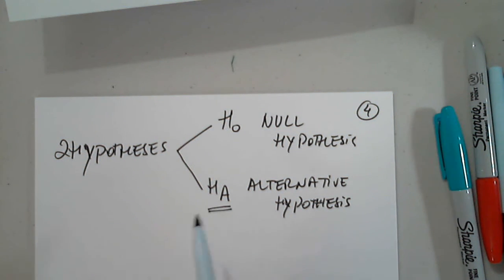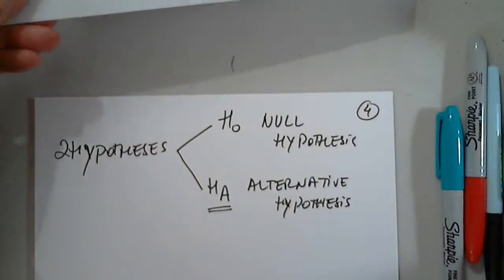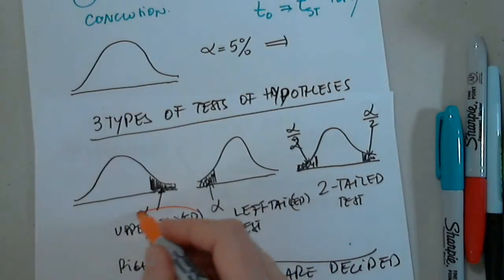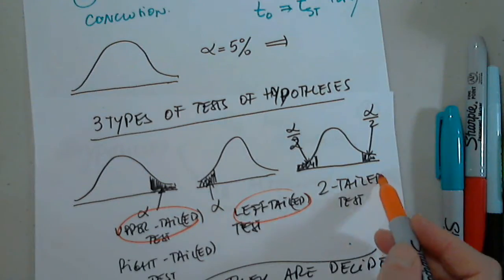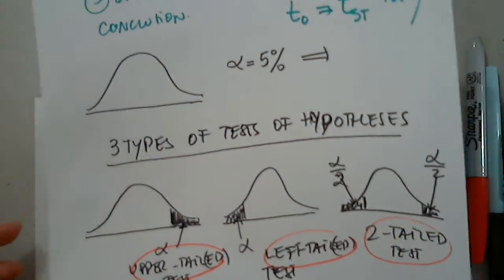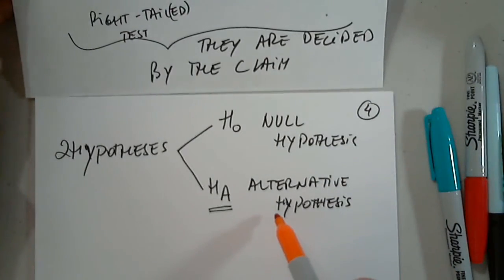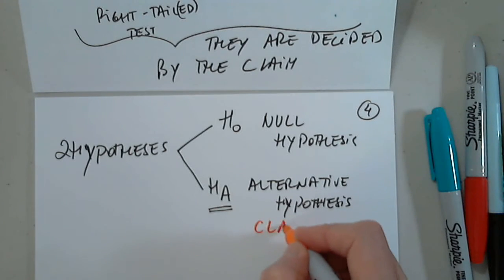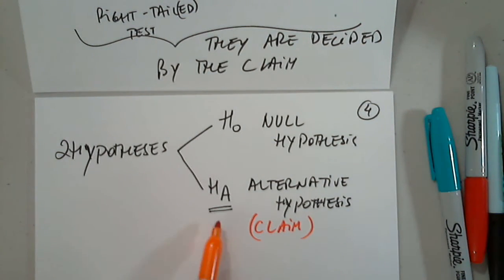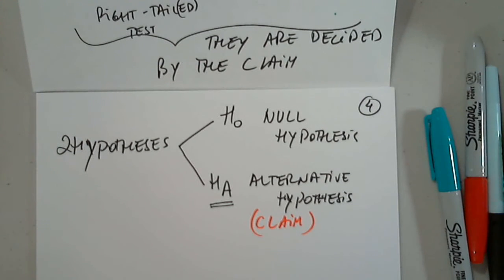The alternative hypothesis dictates whether it's an upper tail test, left tail test, or two-tail test. That's the claim. And this one dictates what type of test we are looking at. Left tail test, right tail test, or two-tail test.